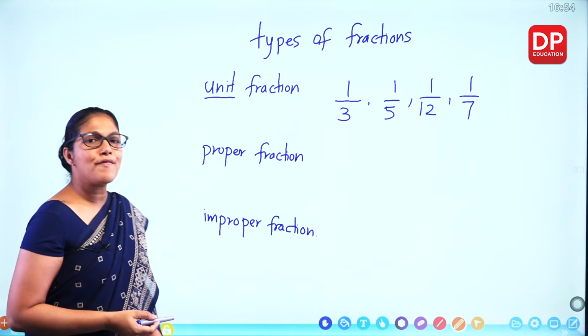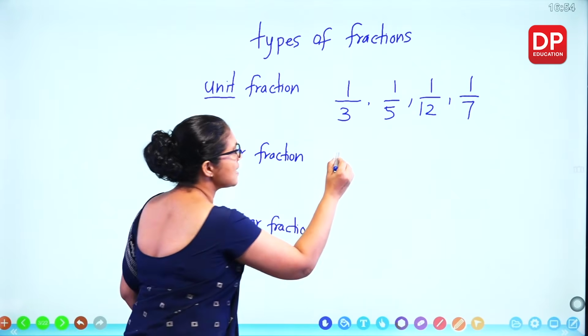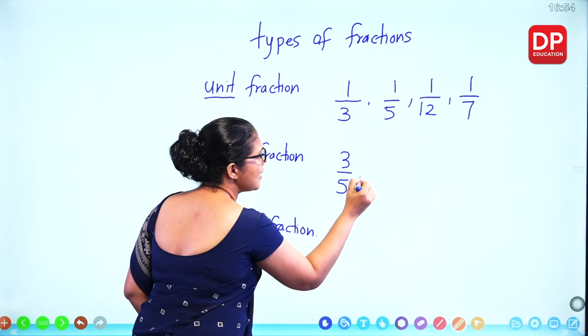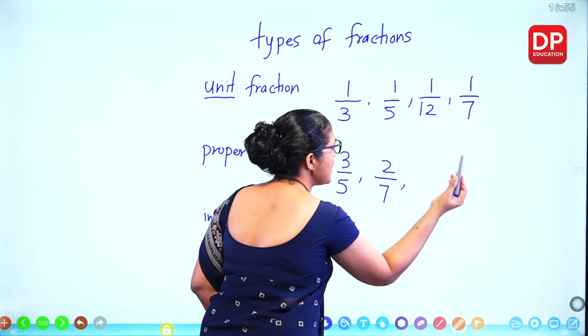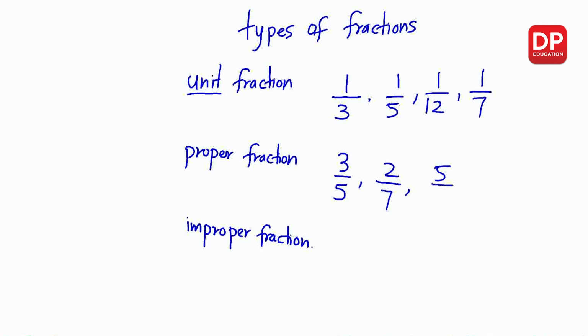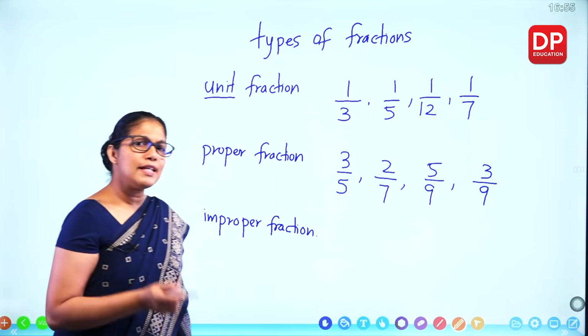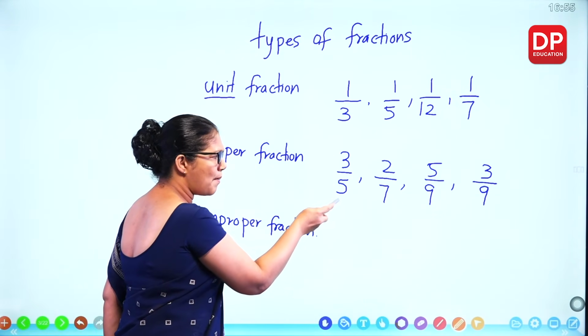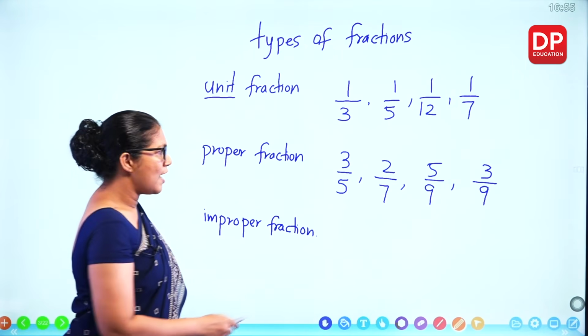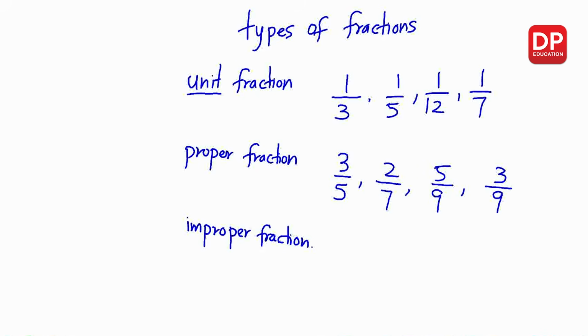Now we'll take proper fractions. Proper fractions, something like this. Can you identify that? Here I'll write different examples. Look carefully at the numerator and the denominator. 3 and 5. The denominator is bigger than the numerator value. Here 7 is bigger than 2. 9 is bigger than 5.